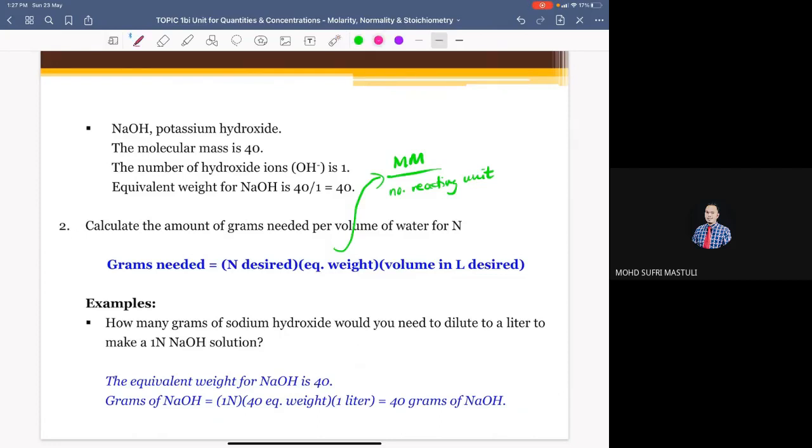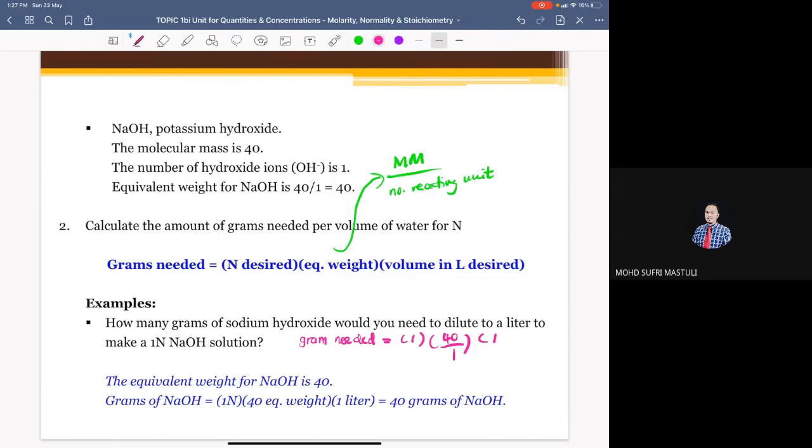So we know from the formula, the grams needed is normality desired, so normality desired is 1, times equivalent weight, which is the molar mass of sodium hydroxide, 40, equivalent weight 40 divided by 1, and then volume in liters, which is 1 liter.